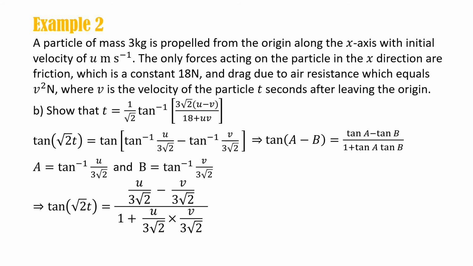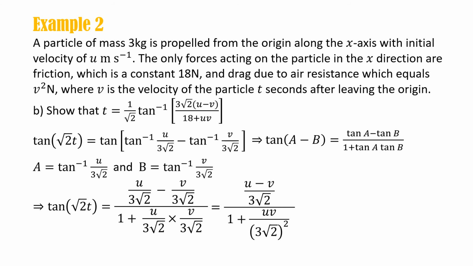Let's simplify that down a little bit. So we're going to have u minus v on 3 root 2 as our numerator, and 1 plus uv on 3 root 2 squared as our denominator. Now, I've intentionally left it as 3 root 2 squared, and that'll become clear in a second. Because what I want to do is get rid of the 3 on root 2, certainly off the numerator if nothing else.